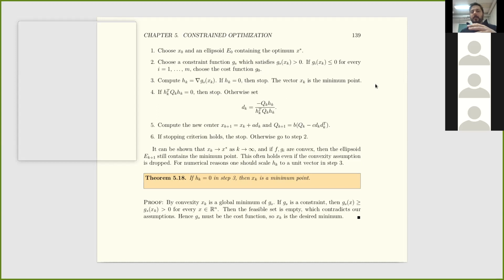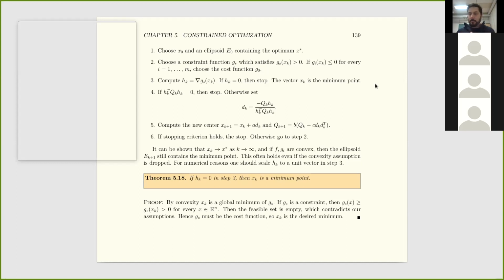And if it doesn't violate, then we take the cost function. So like I said, we're using two kinds of criteria. Either we rule out points because they are infeasible, or we rule out points because the cost function is very big, right?